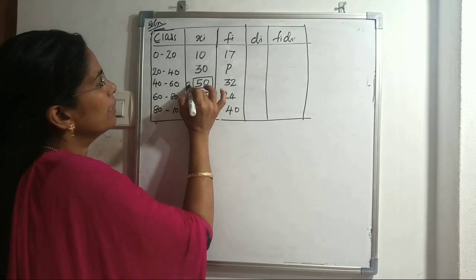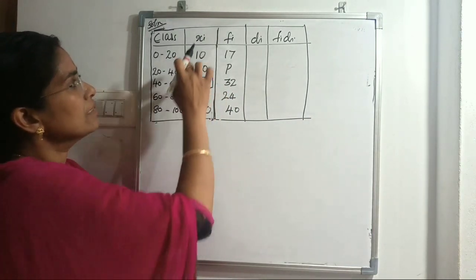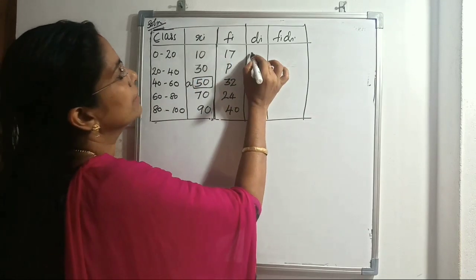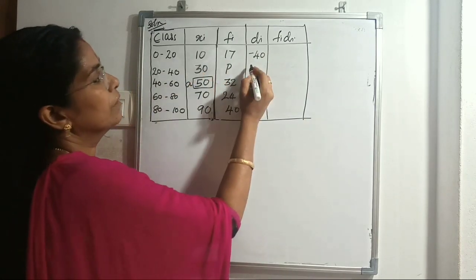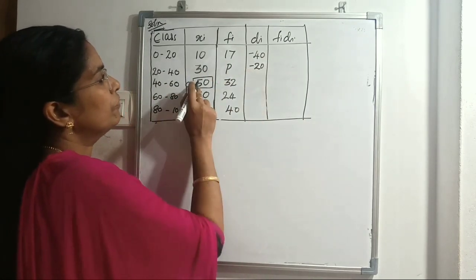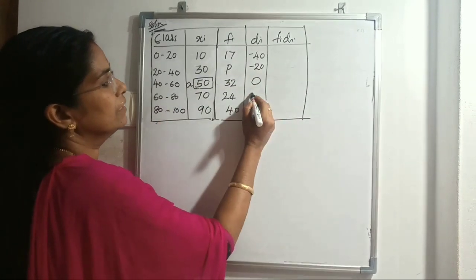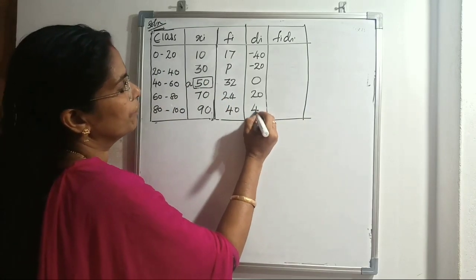This is our a. Now xi minus a: 10 minus 50 is minus 40. 30 minus 50 is minus 20. 50 minus 50 is 0. 70 minus 50 is 20. 90 minus 50 is 40.